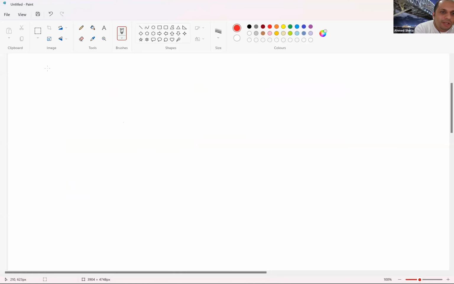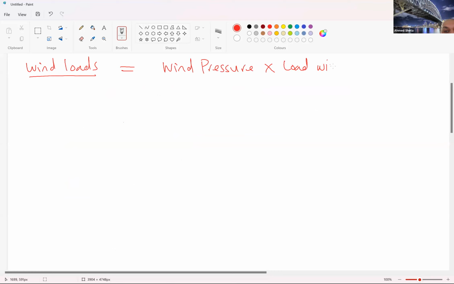Okay, so again, to calculate the wind loads, it equals wind pressure times load width. For a beam, it will be the wind pressure on the beam times the load width of the beam.